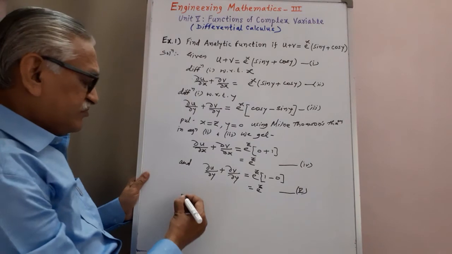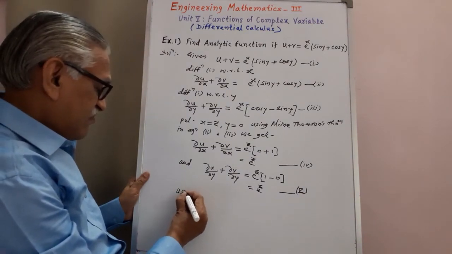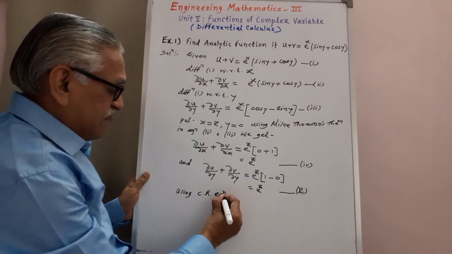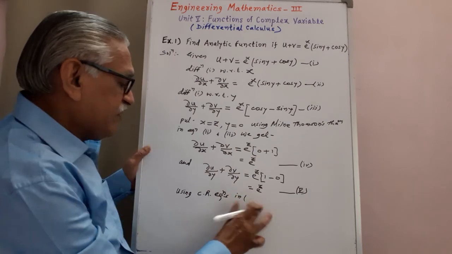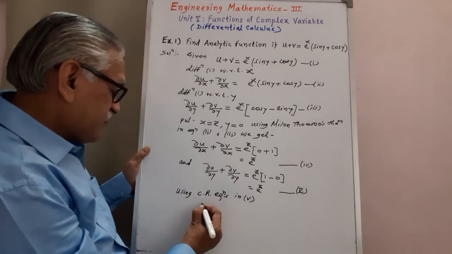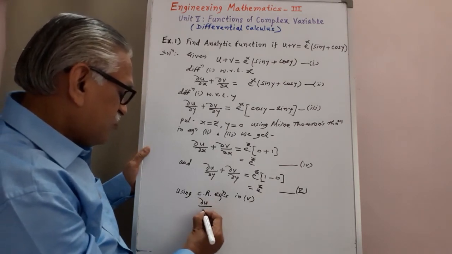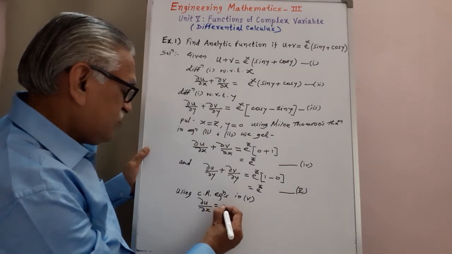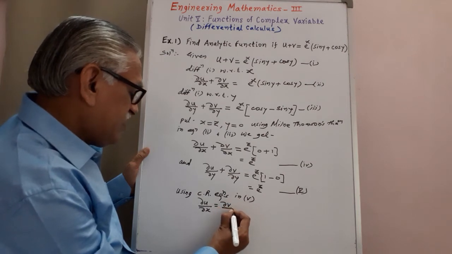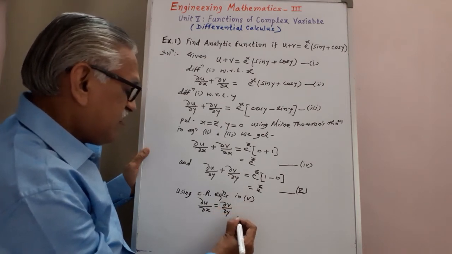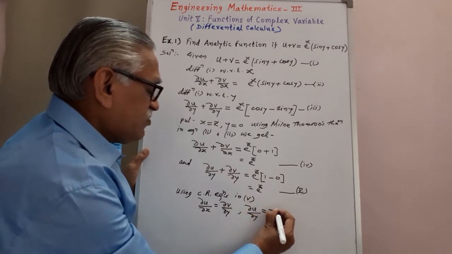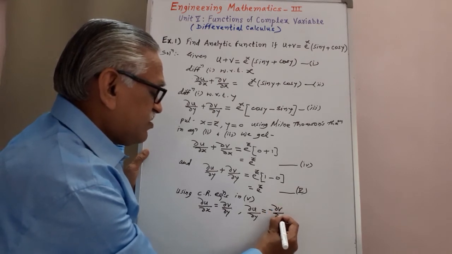Okay, then using the CR equations in the fifth. The CR equations are dou u by dou x is equal to dou v by dou y, and dou u by dou y is equal to minus dou v by dou x.